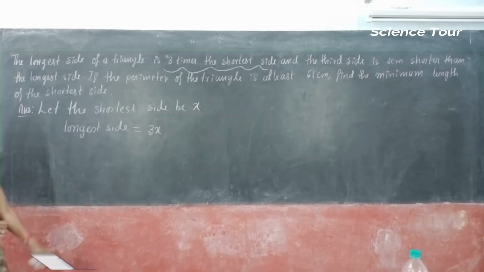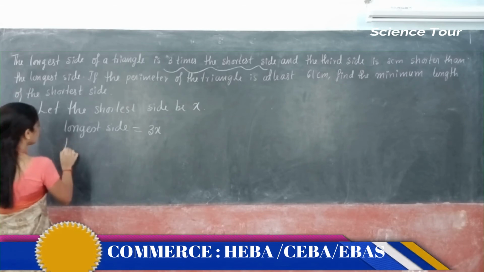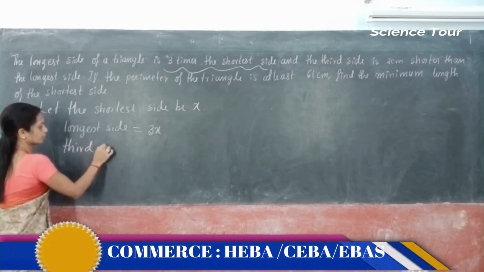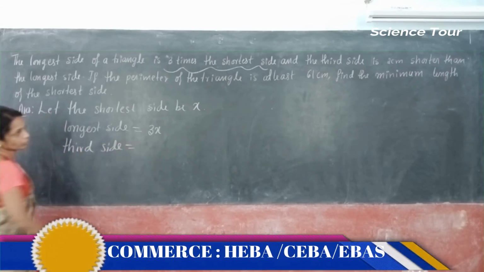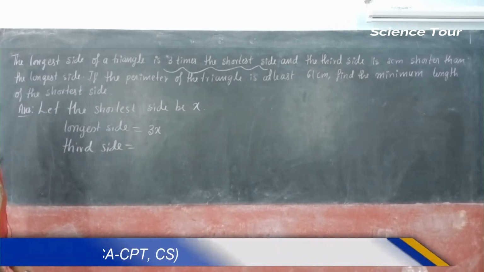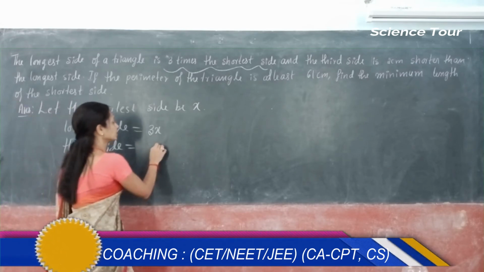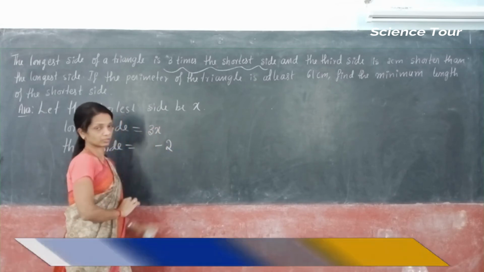So this is the second side, and the third side is how? Read that sentence: and the third side is 2 centimeter shorter than the longest side. Shorter than means you have to subtract. Shorter than 2 centimeter, so minus 2.